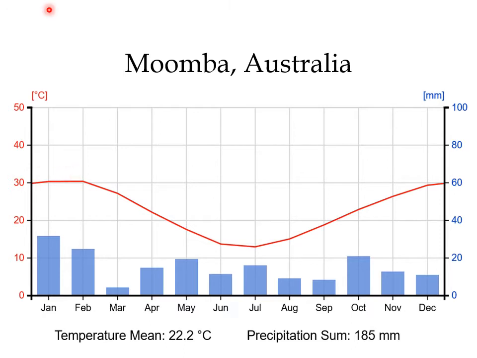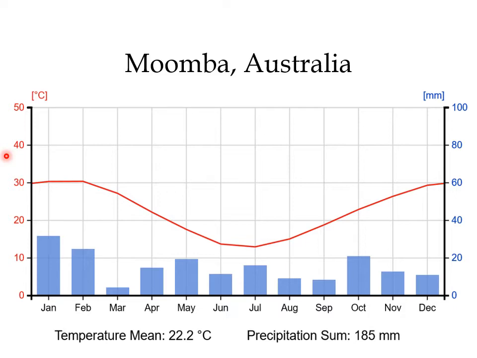So we have a temperature range of more than 15 degrees, which is quite a lot. But it is always hot. Even when the temperature range is important, we do not find cold months. It's always hot, more or less.